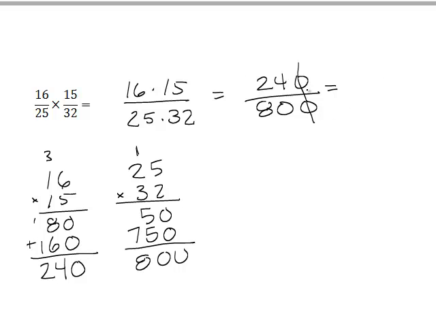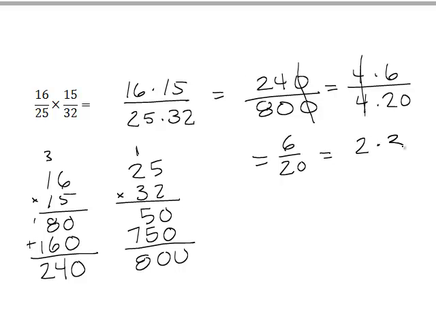Both I can see have a 4. 4 multiplied by 6 is 24, and 4 multiplied by 20 is 80. That reduces my 4s. I'm still not done though. I still have 6 20ths, and I can see that both of those have a factor of 2. 2 multiplied by 3 over 2 multiplied by 10.